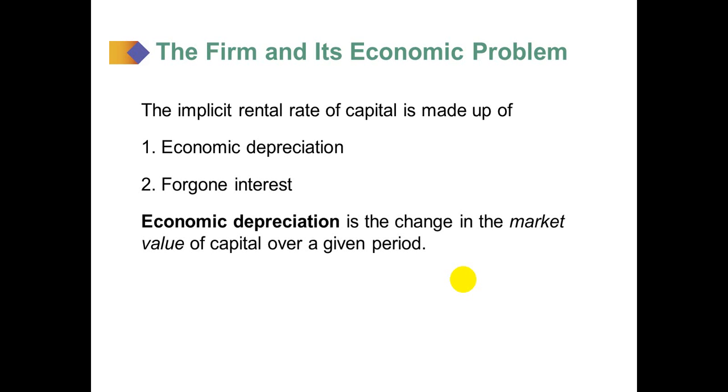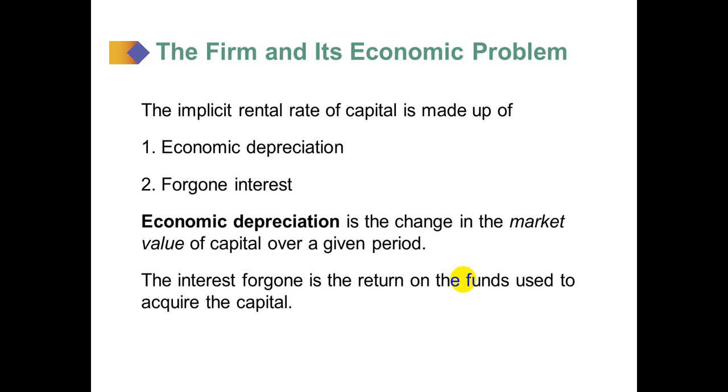First, economic depreciation is the change in the market value of capital over a given period. The interest foregone is the return on the funds used to acquire the capital.